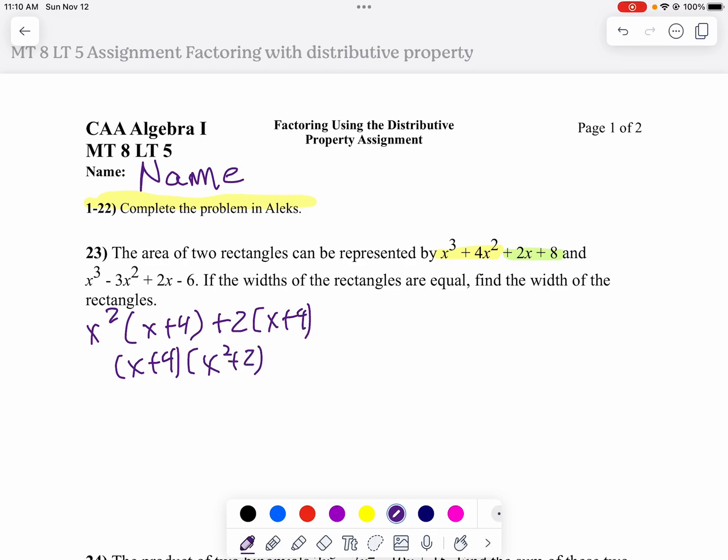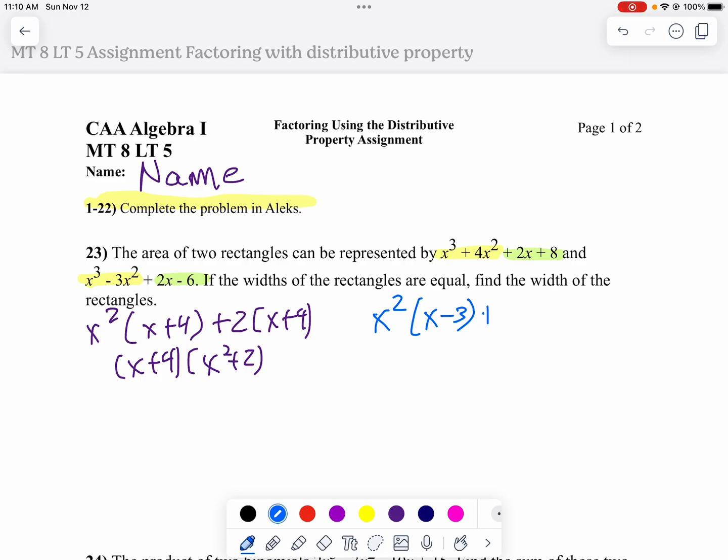Now let's go and factor the second polynomial and see what happens there. If I look at x cubed minus 3x squared, I can factor out an x squared. So I'll go x squared, what's left over, that'll be x minus 3. And then I look at the second part, 2x minus 6, I can factor out a 2.